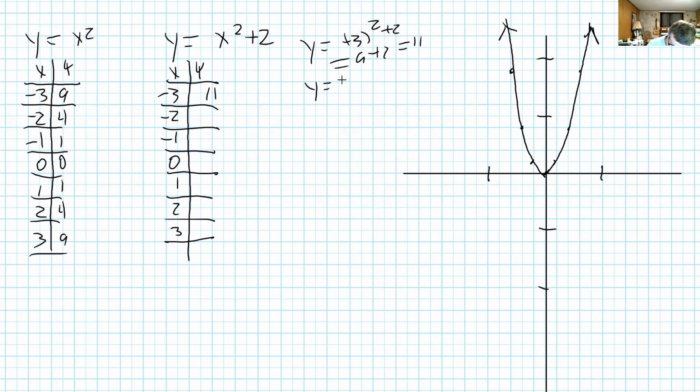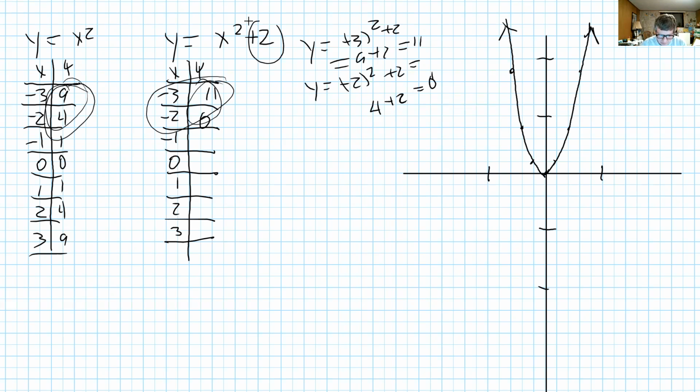Y equals -2, the quantity squared, plus 2, which is 4 plus 2, which is 6. Well, how do these values compare to those values? Isn't this just this plus 2? So y equals x squared, and then y equals x squared plus 2. So 1 plus 2 is 3, 0 plus 2 is 2, 1 plus 2 is 3, 4 plus 2 is 6, and 9 plus 2 is 11.